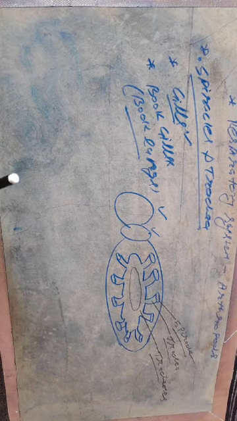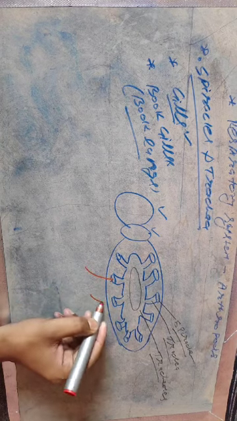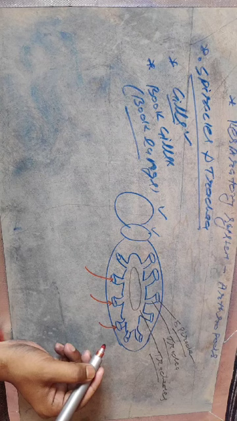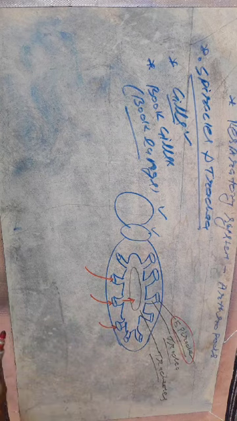So how does oxygen reach into the body of arthropods? Oxygen reaches the body surface and moves inside the body with the help of openings known as spiracles.